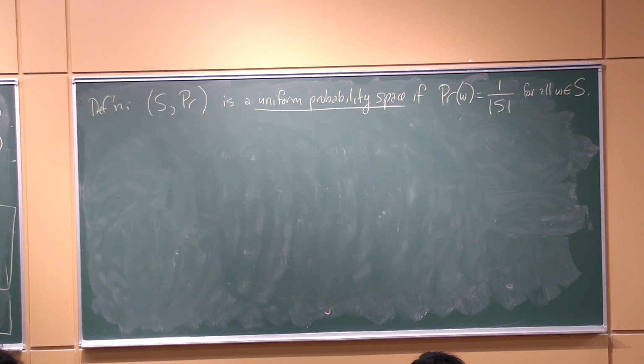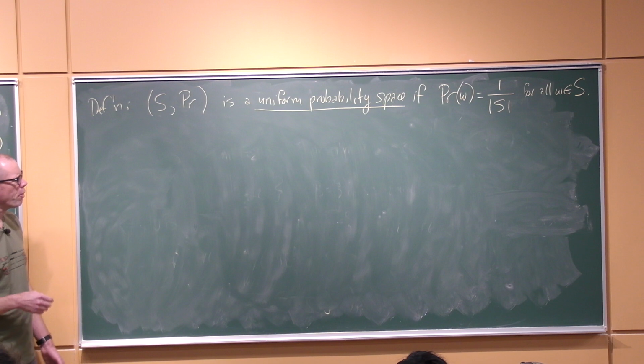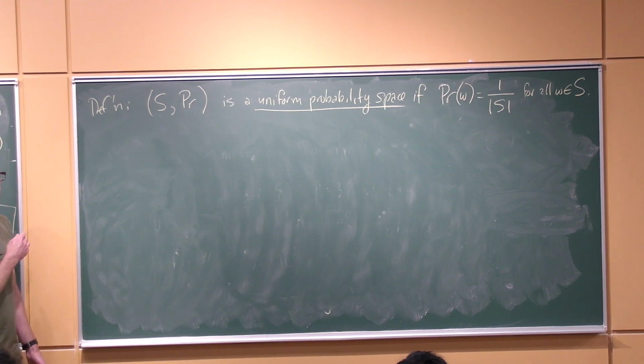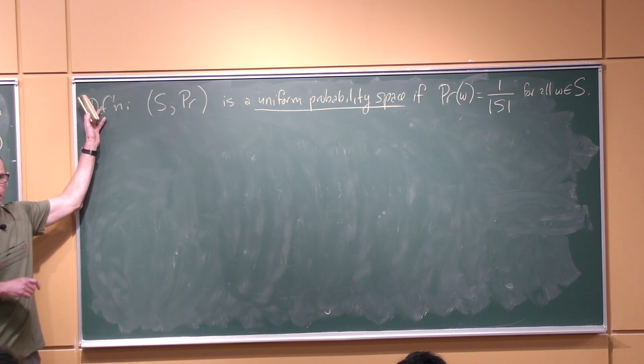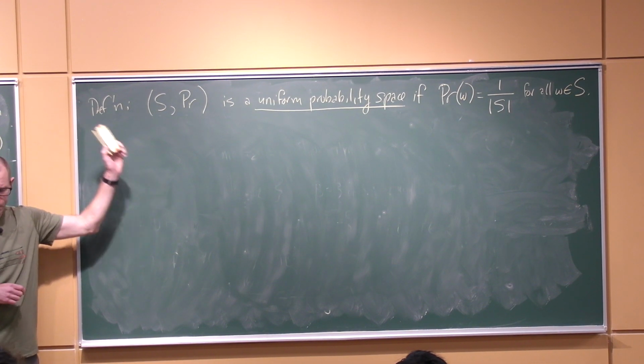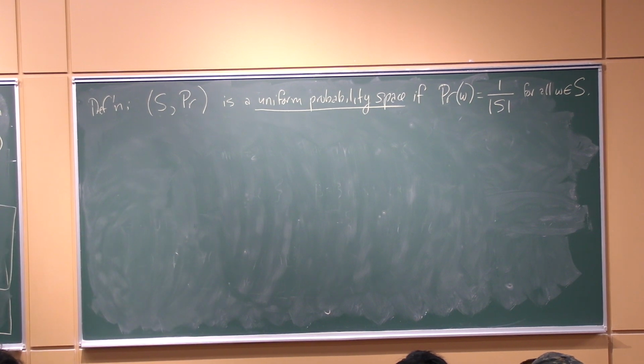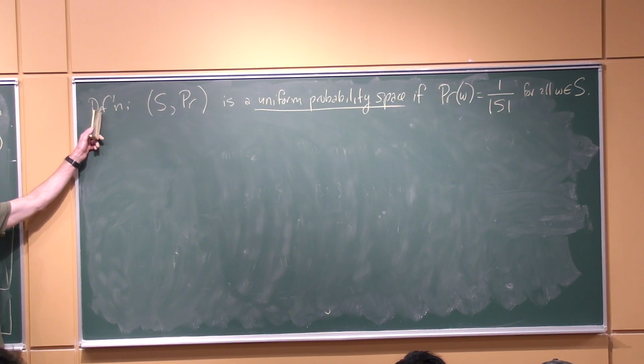When we model coin tosses, we assume that heads and tails have the same probability. And when we modeled 2 coin tosses, we assumed that the 4 outcomes each had probability a quarter. So these things come up all over the place. And in some sense, in any problem, there's usually one of these uniform probability spaces hiding maybe deep down behind the problem somewhere.